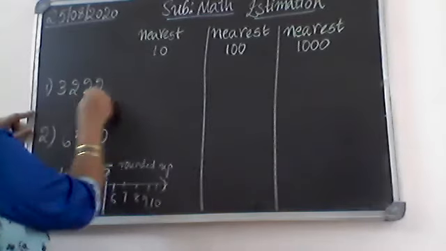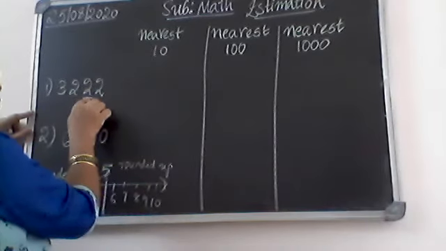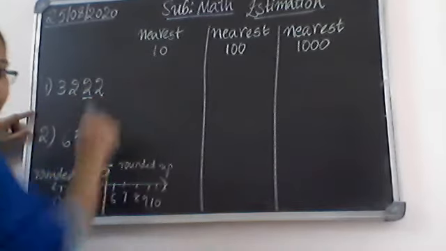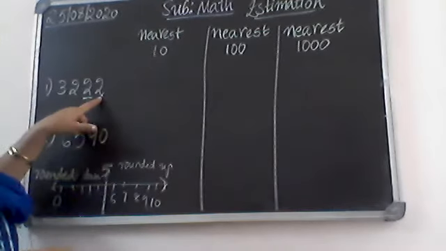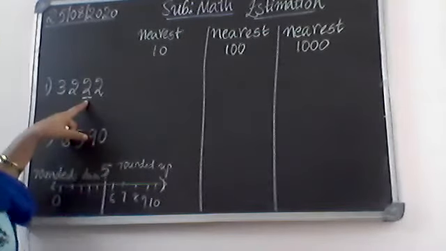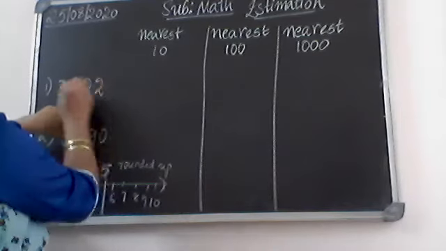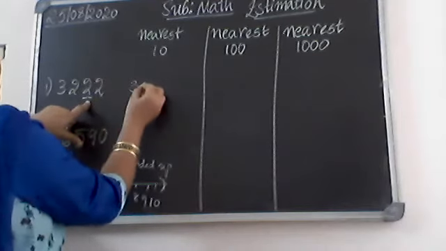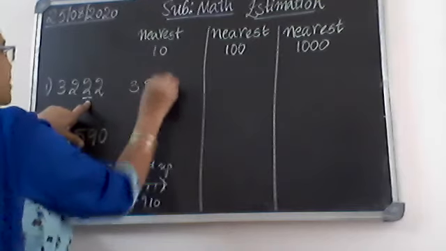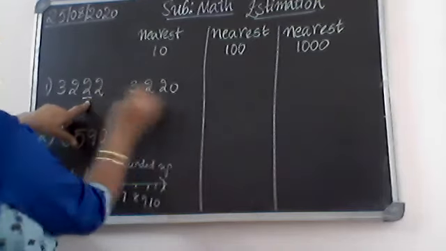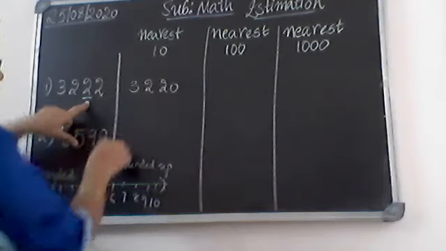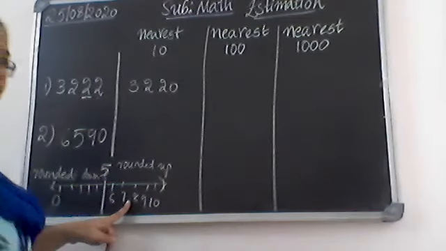So, you underline the tens digit, that is 2, and look at the front of it. What is front of it? It is 2. So, this number 2 will be as it is. So, what will it be? 3,220. The next digit you have to make 0. Is it clear, children?